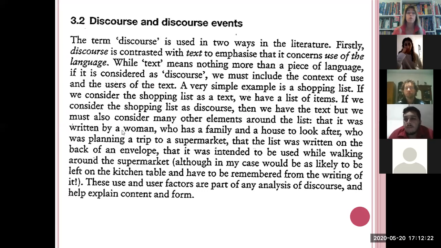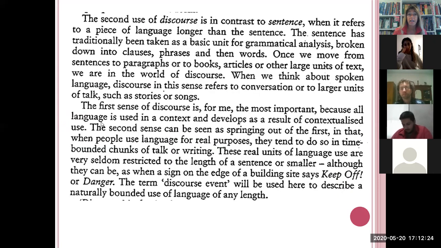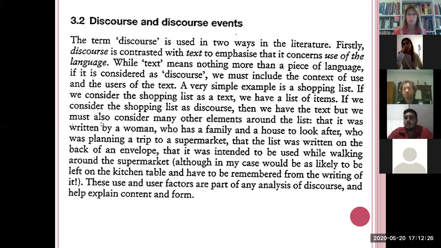So the idea was for you to read this text, this excerpt, underline keywords and phrases, and come up with the main idea of this text. Can you very briefly explain what you learned by reading this fragment? Who can start sharing your ideas?